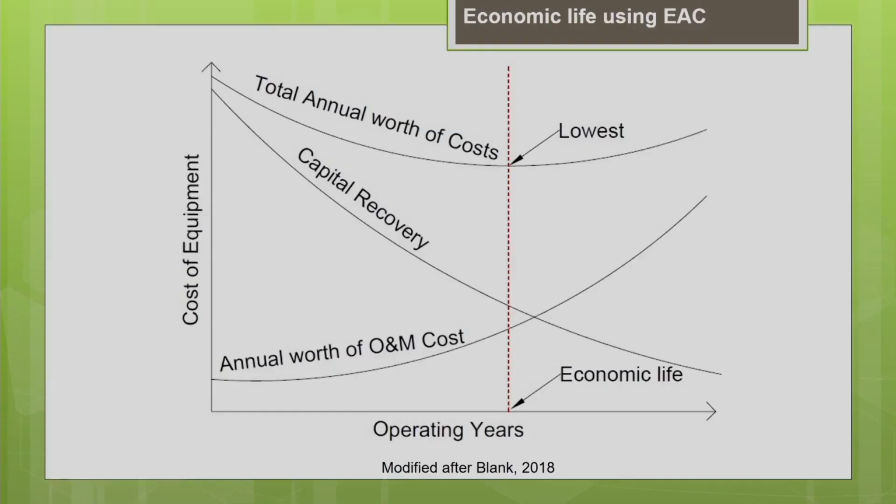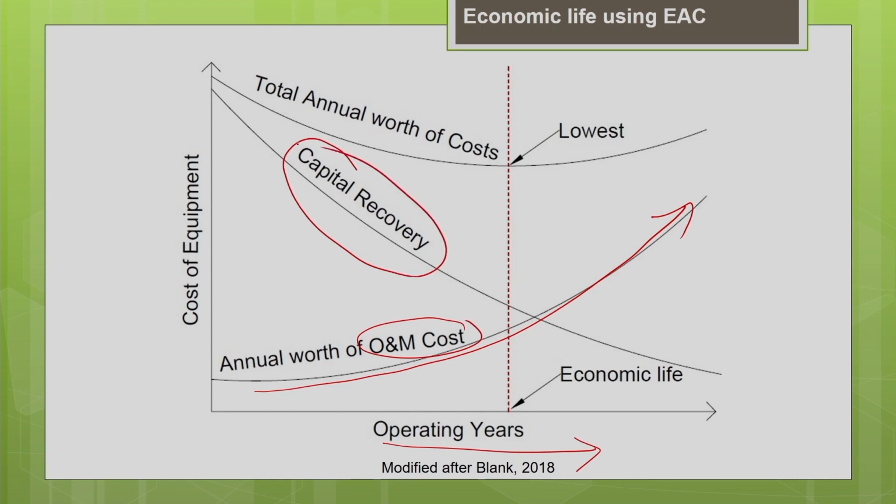I hope you remember this pictorial representation of the variation of the cost of the equipment with the age of the machine. You can see that the operating and maintenance cost increases with increase in the life of the machine. As the machine becomes older, your operating and maintenance cost increases. Similarly, your capital recovery, the ownership cost component, reduces with increasing duration of the machine.